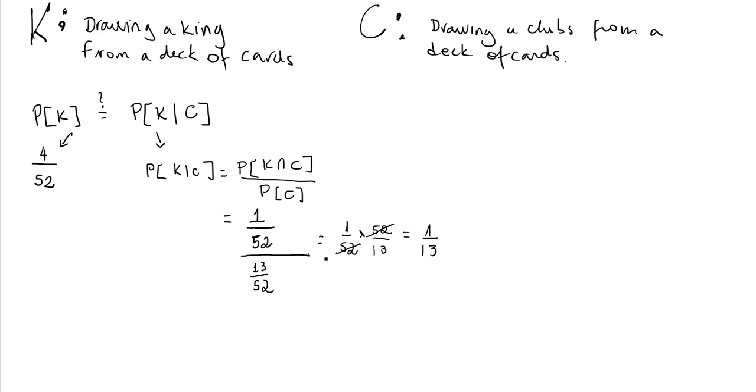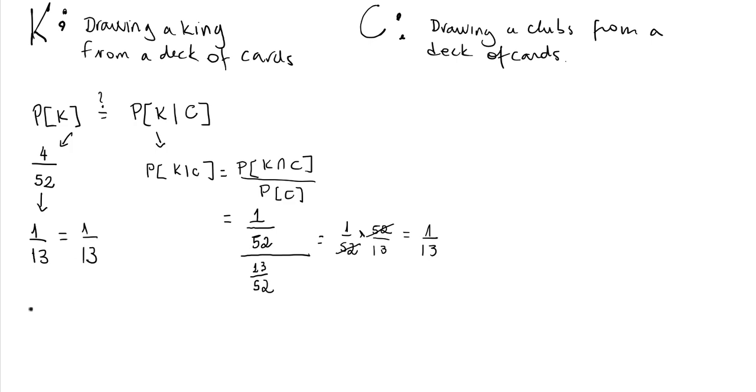So you can think about this: if the left-hand side is equal to the right-hand side, then these are independent events. And it is the case because 4 over 52, if you simplify, is actually 1 over 13, which is equal to 1 over 13 from the other side.